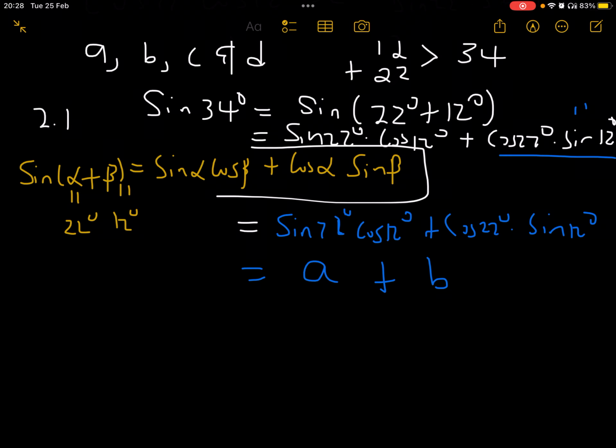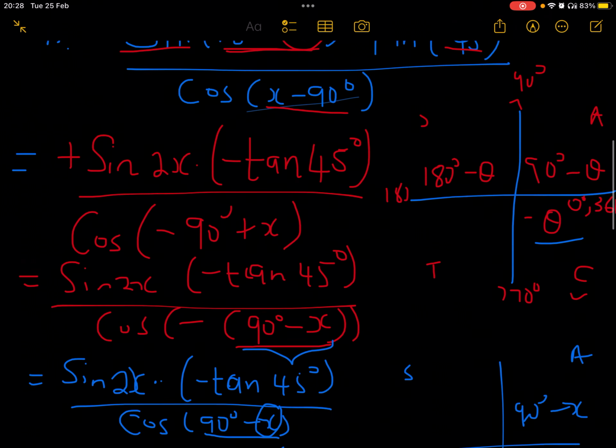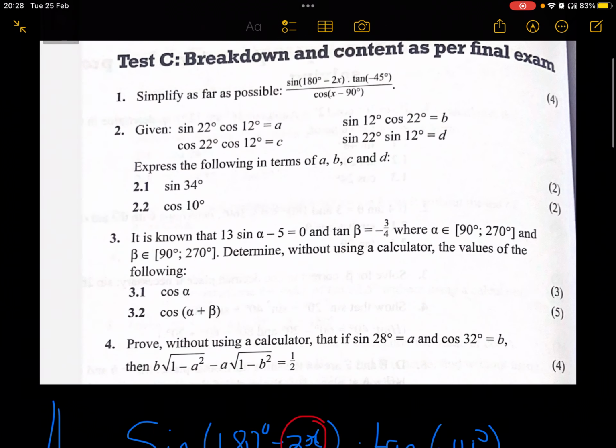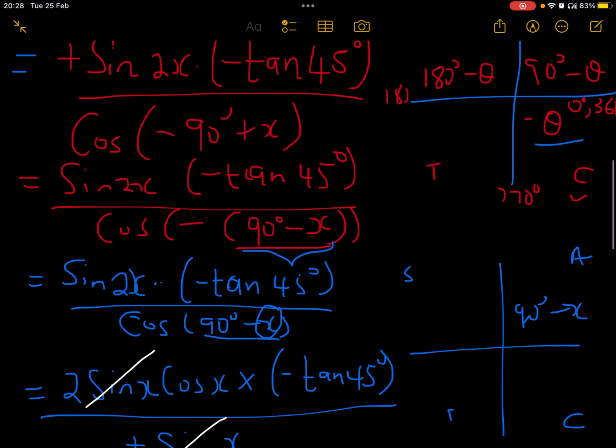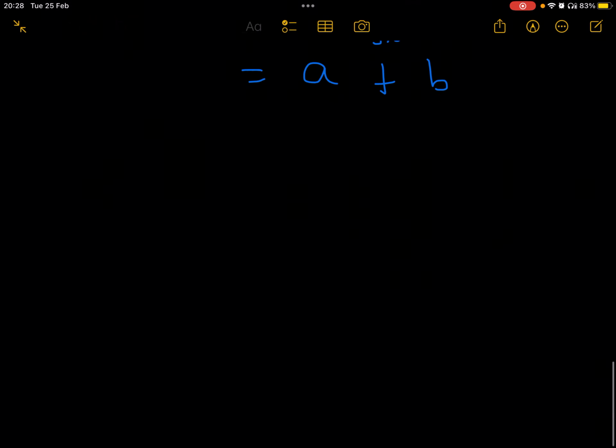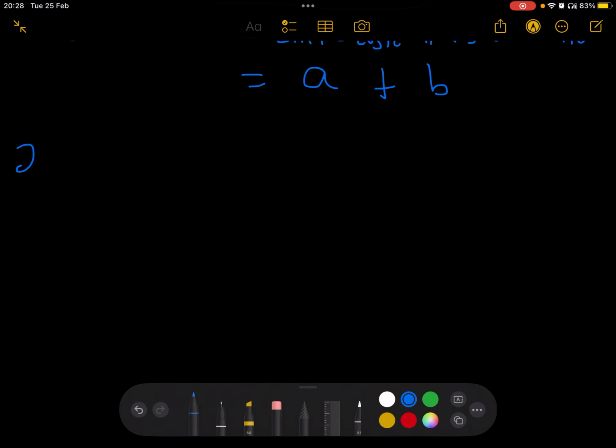Right, 2.2 wants us to express cos 10 in terms of A, B, and C. 2.2 is cos 10 degrees.